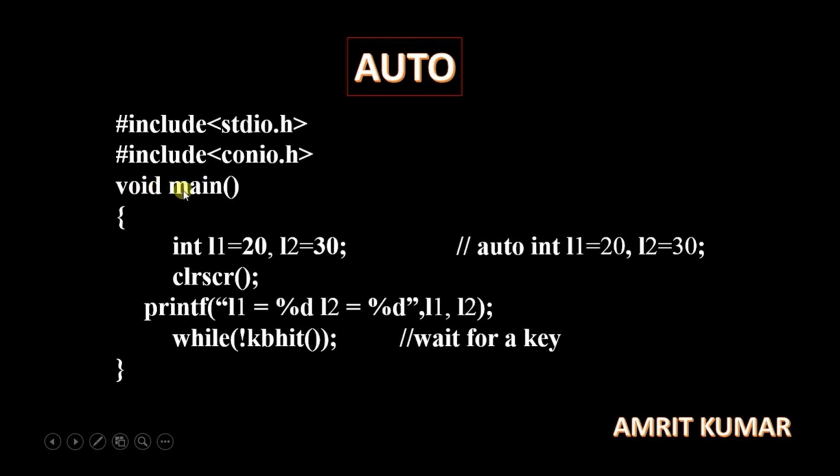After that I have declared the main function whose return type is void, meaning empty. Then I have opened curly braces. In those curly braces we use two variables, I1 equal to 20 and I2 equal to 30, of integer data type, so they will only store integer values.